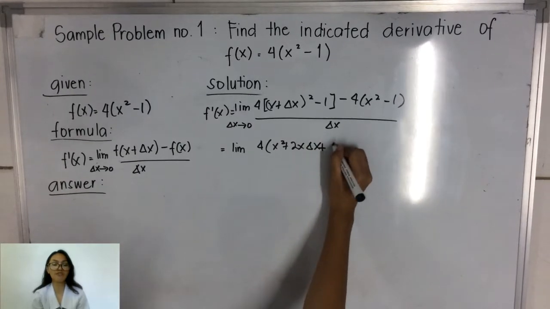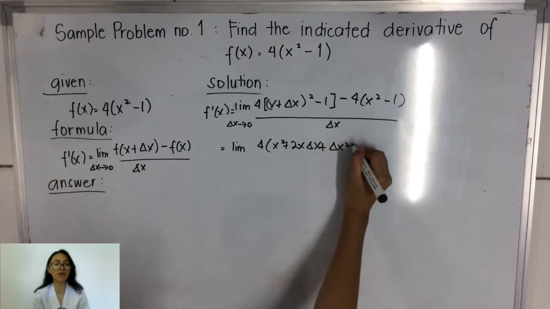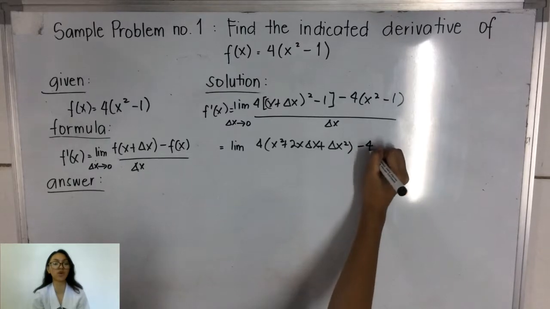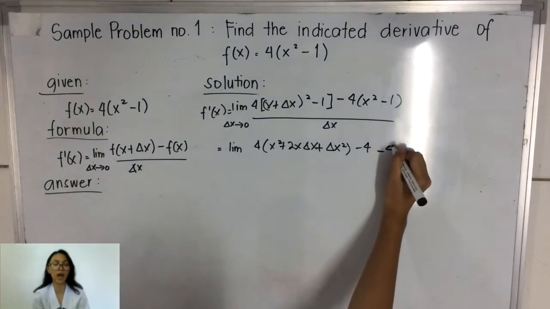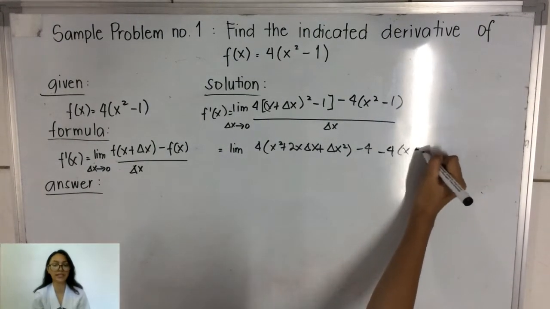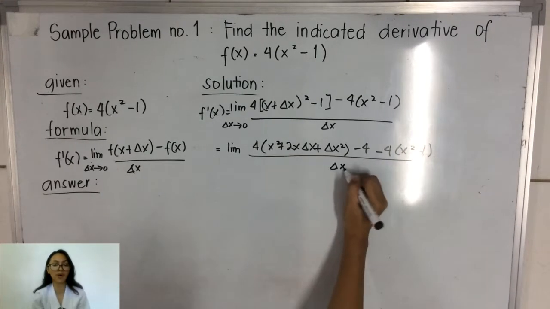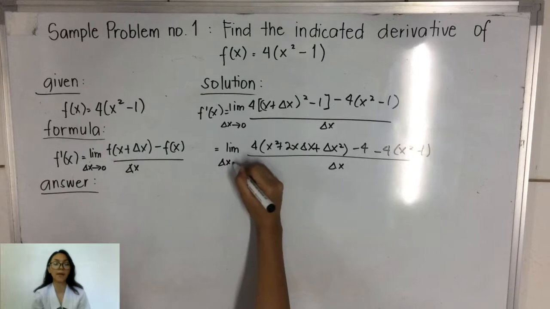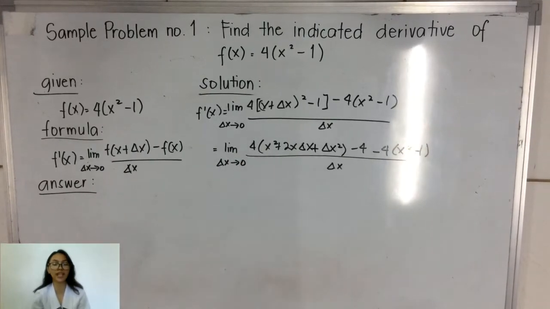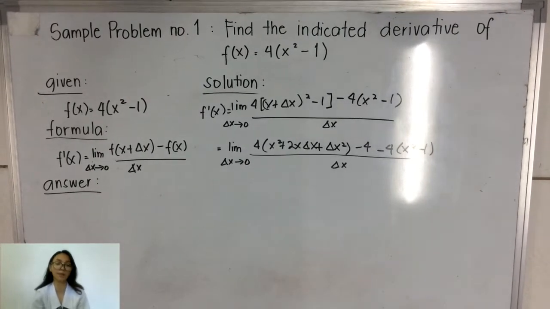Now, we have here f prime of x is equal to the limit of 4 times x squared plus 2x delta x plus delta x squared minus 1 minus 4 times x squared minus 1 over delta x as delta x approaches 0.